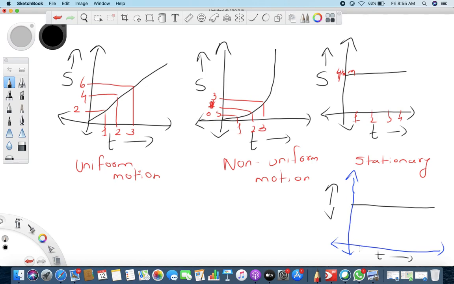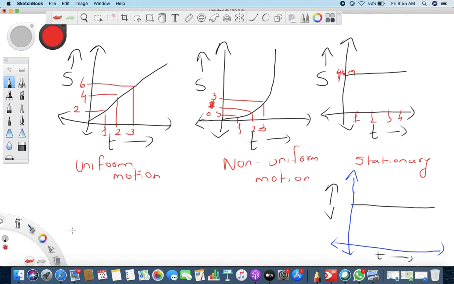Now tell me, what do you think? Is this a stationary motion? Think a little. I am talking about a velocity versus time graph, and the line is parallel to the x-axis. When a line is parallel to the x-axis, what does it interpret?